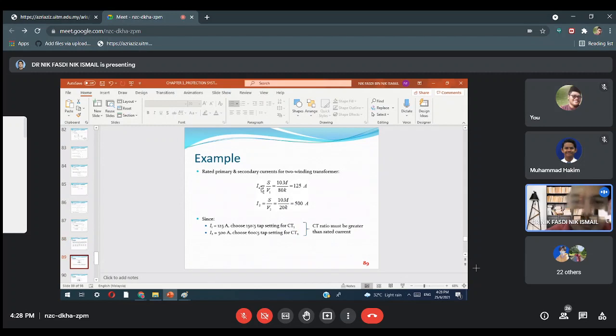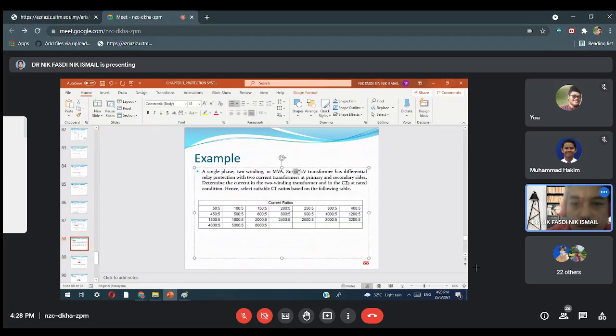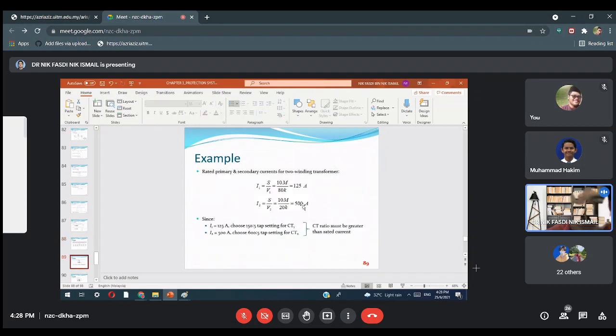From this formula, everyone knows it: I1 primary is S divided by V1, where S is the apparent power. 10 MVA divided by 80 kV, the primary voltage, you get 125 ampere. For the secondary side, S over V2, 10 MVA divided by 20 kV, you get 500 ampere.